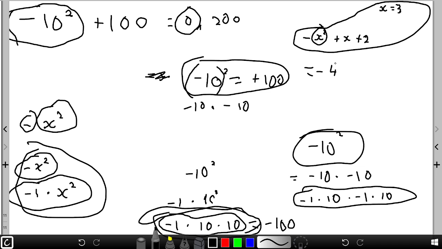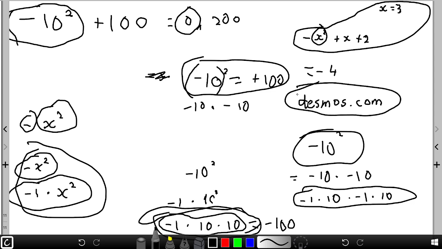And you can check that using graph theory. I don't have it here. I could probably get it, but I don't have it. But if you have a graphics calculator, or if you just go to desmos.com, this will also verify it, because that's the correct way to interpret that, right?